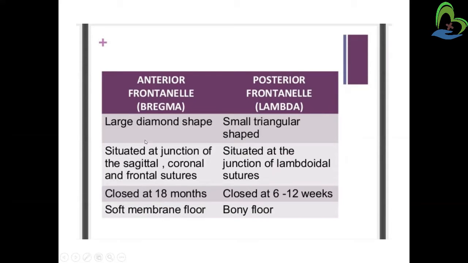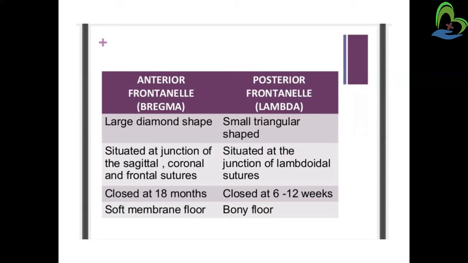Then the anterior fontanelle is situated at the junction of the sagittal, coronal and frontal sutures, while the posterior fontanelle is situated at the junction of the lambdoid suture. Okay. Then the anterior fontanelle closes at 18 months, means 1 year and 6 months, and the posterior fontanelle closes at 6 to 12 months.